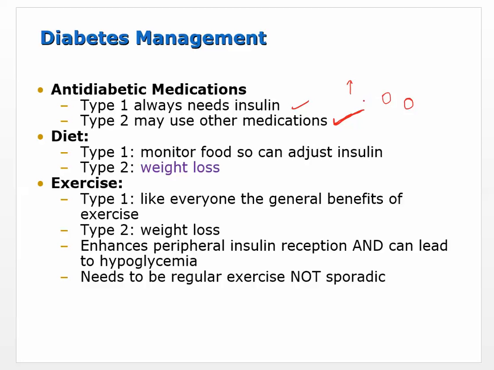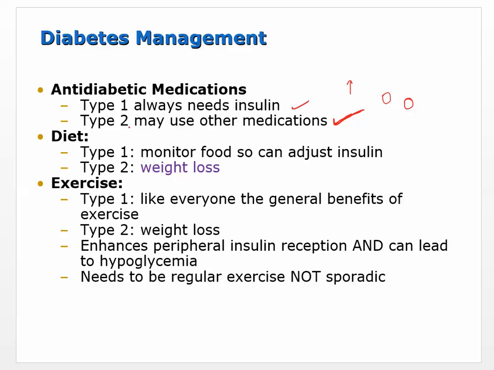There are several different types of medications, and sometimes they do several of these things. Metformin will do a number of different things, and that's why it's the most used. But there's a range of these, and it depends on how you're expressing, and what the physician chooses to try and what works on you.